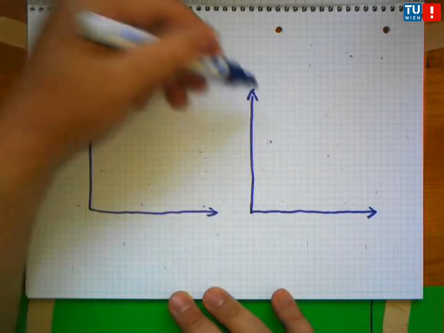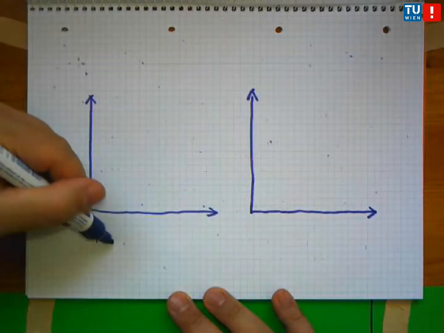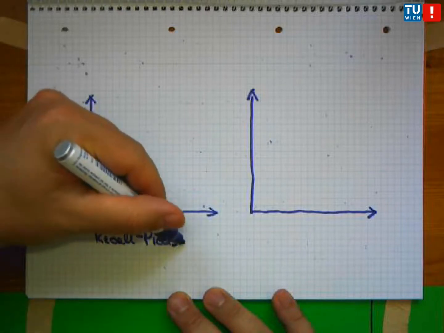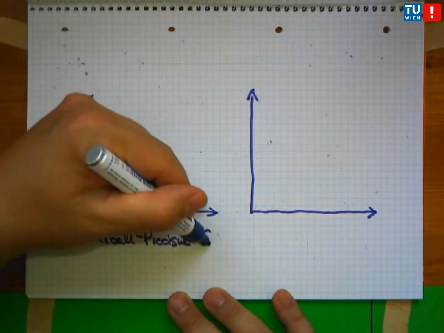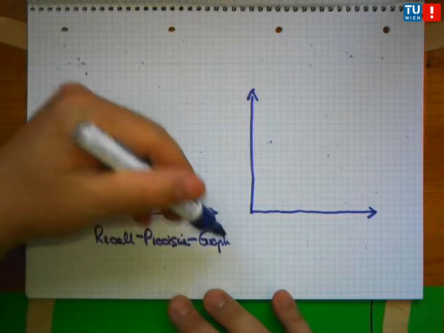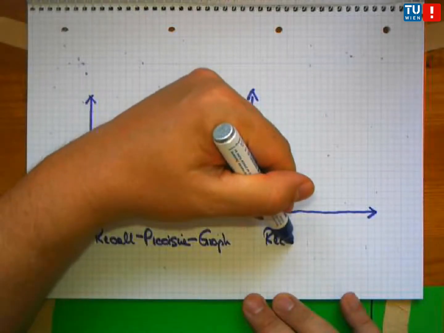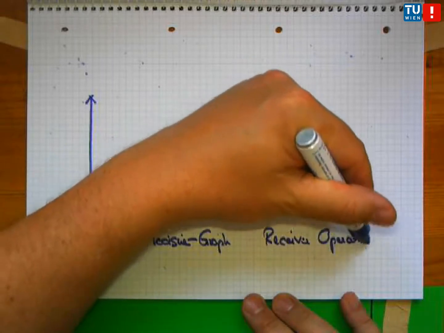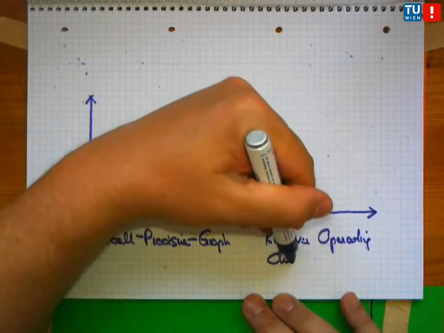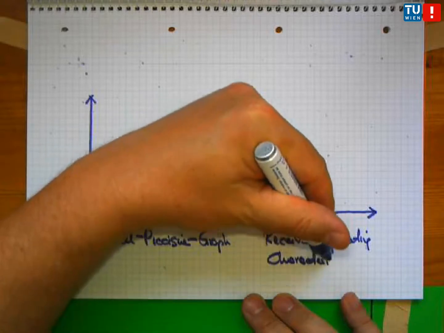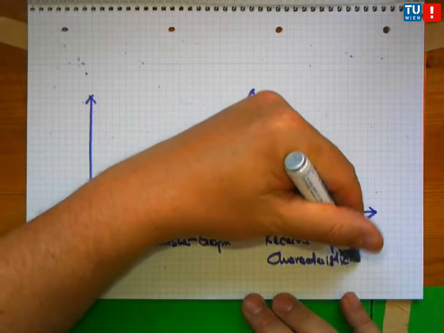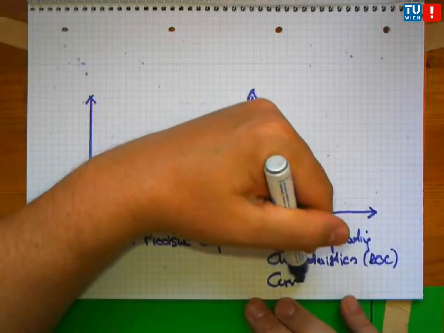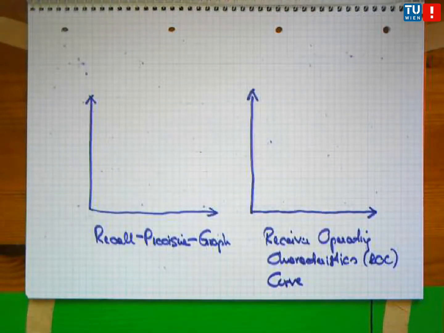One being the recall precision graph, and the other one being the receiver operating characteristics, or ROC curve, long name. So let's have a look at what they show.